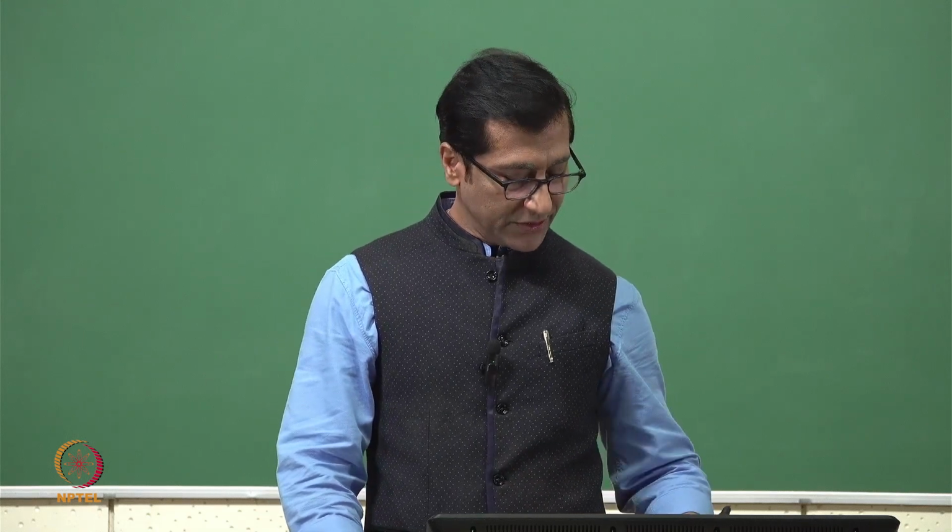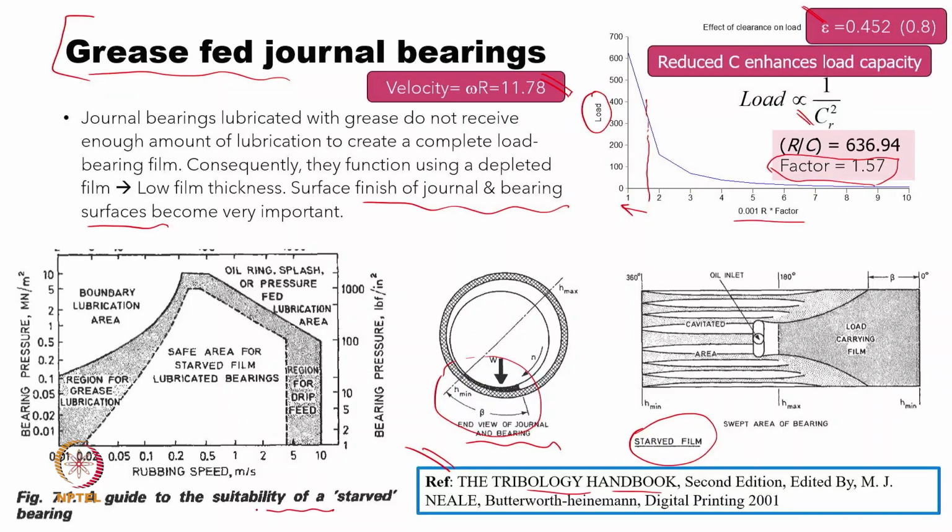Now, the figure which we took from a tribology handbook says very clearly that for grease lubrication, if the operating speed is 10 meters per second or more than that, we cannot use it, and we really require a lubrication regime which is hydrodynamic or maybe hydrostatic.